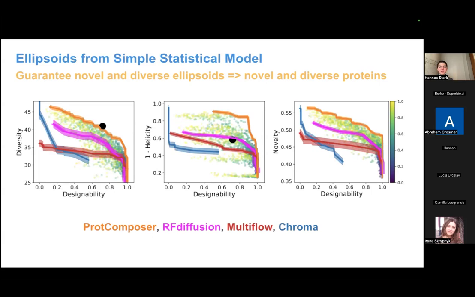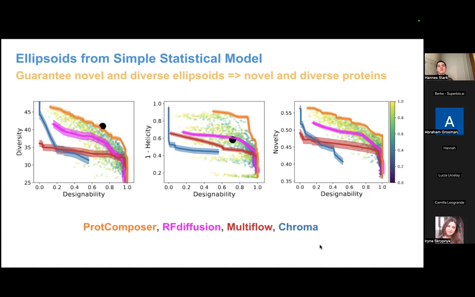What are the designabilities and the diversity, helicity, and novelties that you achieve? So you would want always very high designability and very high diversity. So something up here, or up here, or up here. That would be the ideal scenario.